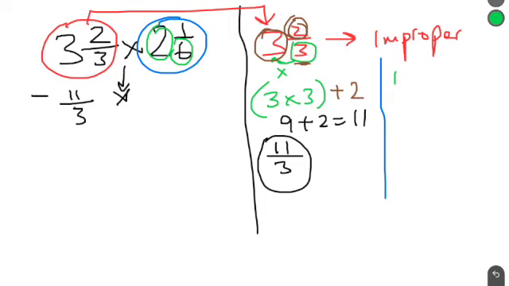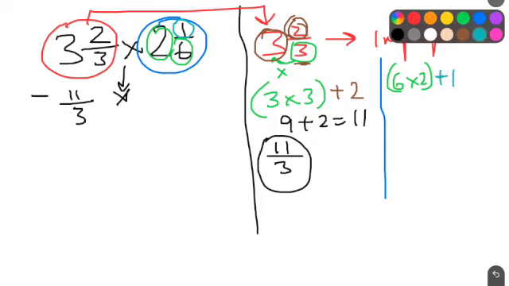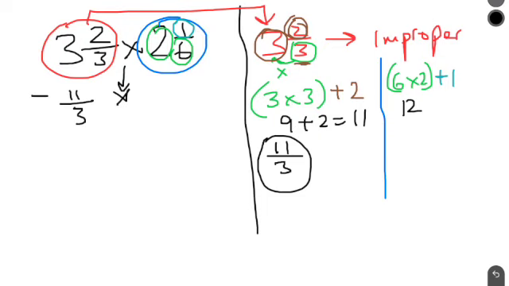So how about we do it like this? 6 times 2 plus 1. So 6 times 2 is 12 plus 1, so 13. So then this improper fraction becomes 13 over 6.